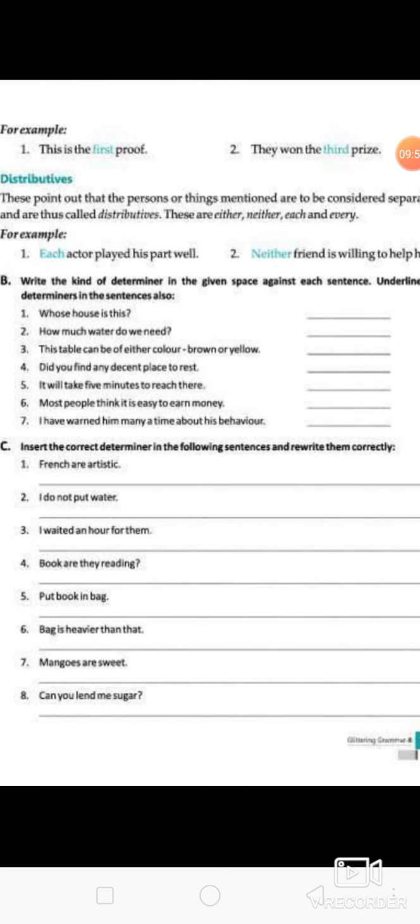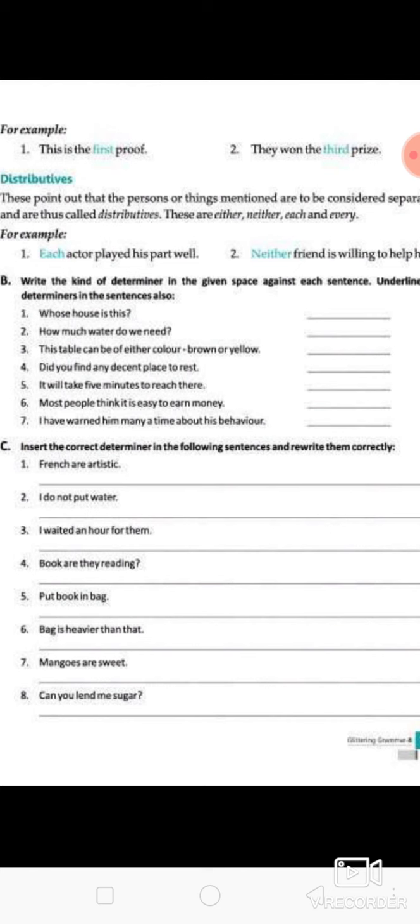These determiners point out that the persons or things mentioned are to be considered separately. For example, each actor played his part well. Neither friend is willing to help him.